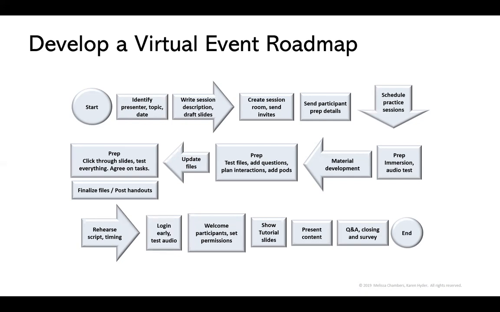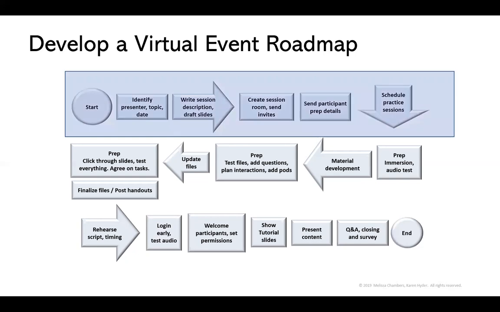It starts at the beginning there, the top left corner, with identifying your topic, writing your descriptions, beginning to draft your slides, creating the room itself. Whether it's persistent like Adobe Connect or not, you still have to do scheduling, sending participants all the information that they need to know in order to successfully log on and participate, and even scheduling practice sessions.